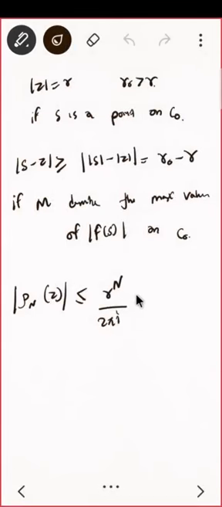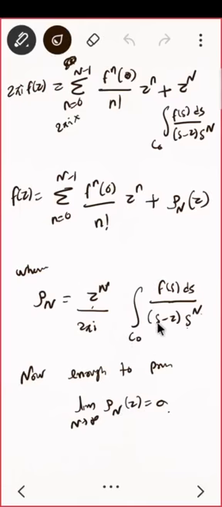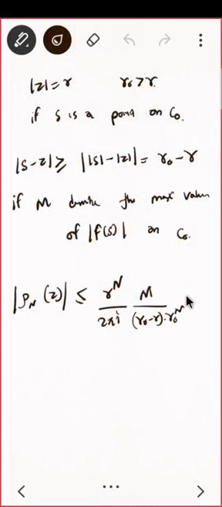So it will be M upon r naught minus r multiplied by r naught raised to n. Look at it once again: s minus z is r naught minus r, and this is r naught raised to n, this is M. Nothing remains inside the integral, that is just the perimeter of C naught, so that is multiplied by 2 pi r naught, correct?